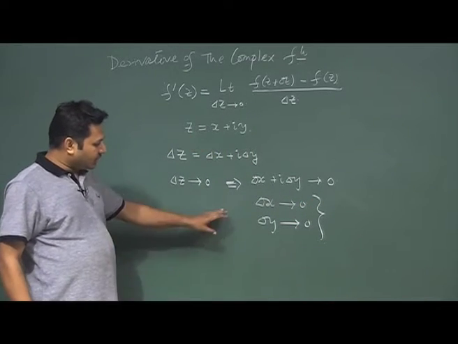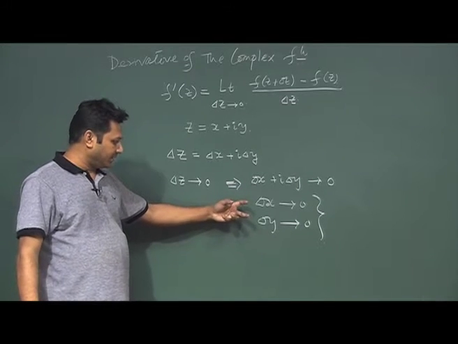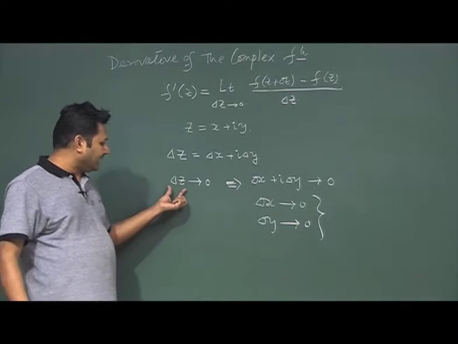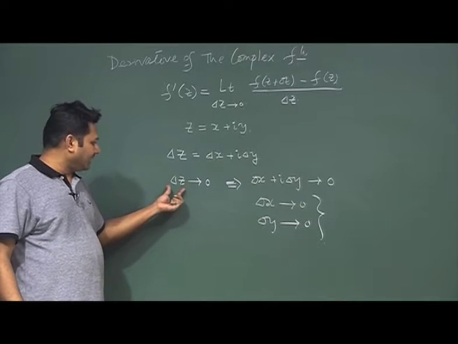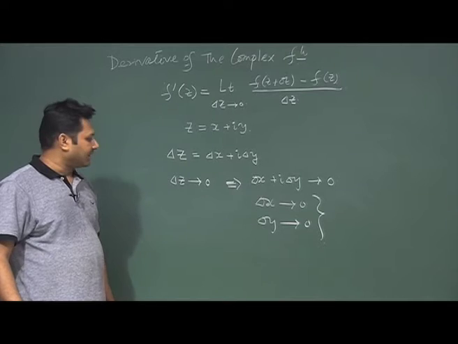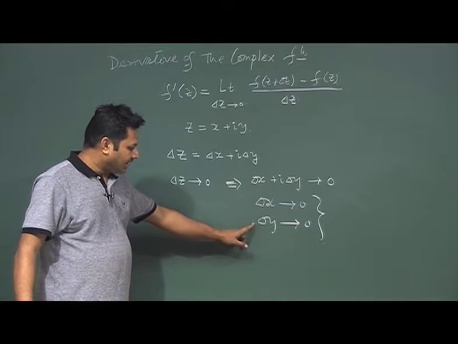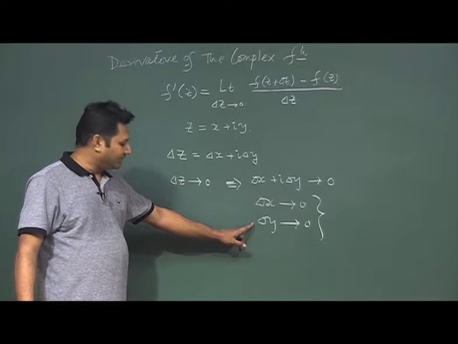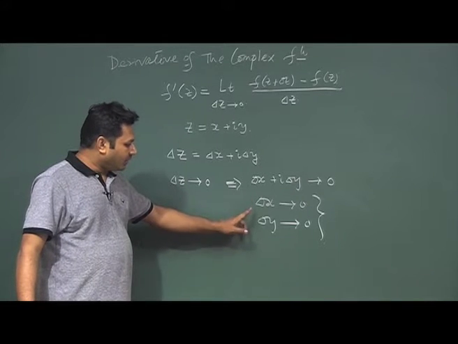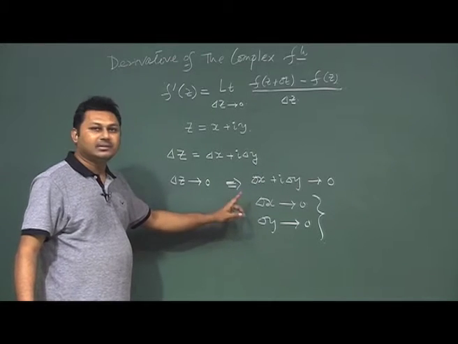So, now the same question we are repeatedly encountering: if I say delta z tends to 0, or z tends to some particular point, what should be my approach here? Delta x and delta y both are going to 0, so how many ways can they go to 0?